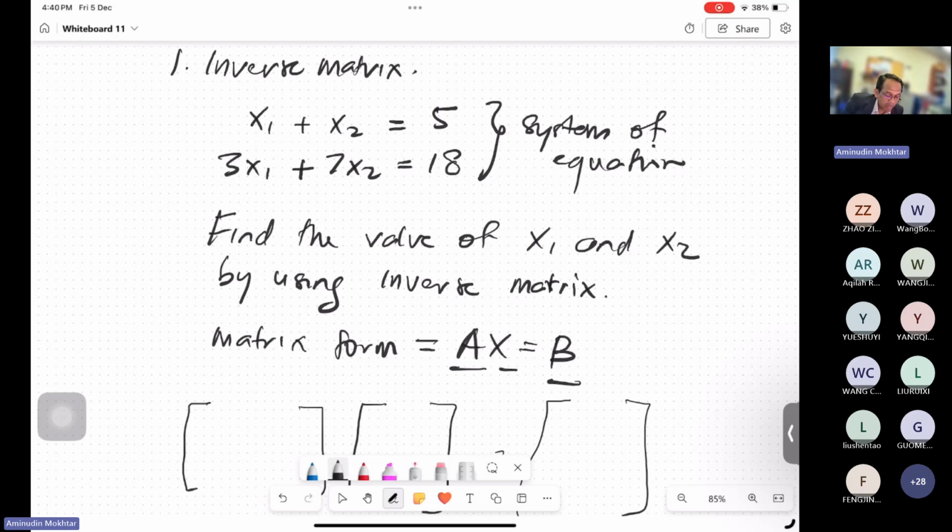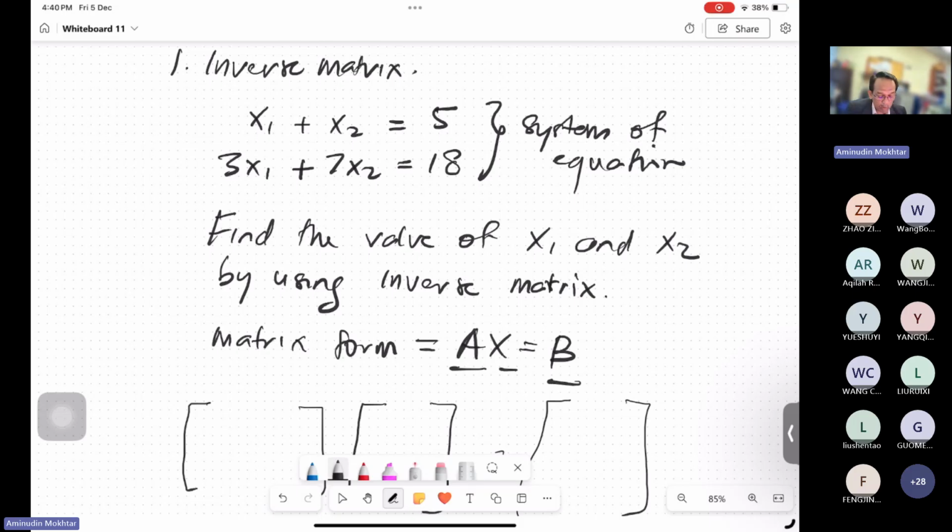The number of rows in matrix A, bilangan baris dalam matrix A akan sama dengan bilangan persamaan dalam sistem. The number of rows of matrix A is equal to the number of equations in the system.